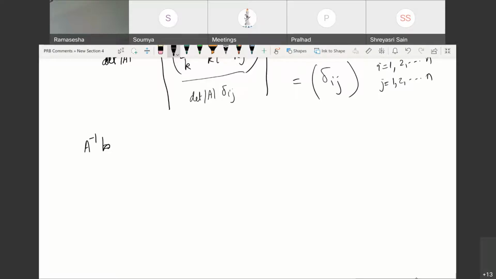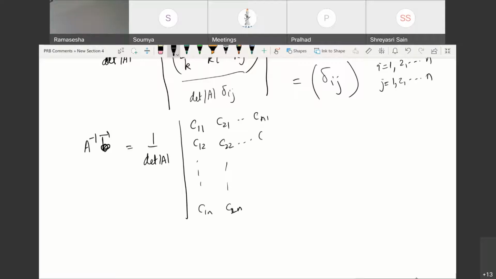A inverse B is equal to 1 upon determinant of A times the matrix C11, C21 to Cn1, C12, C22 to Cn2, etc., C1n, C2n to Cnn, multiplied by B1, B2, etc., Bn.